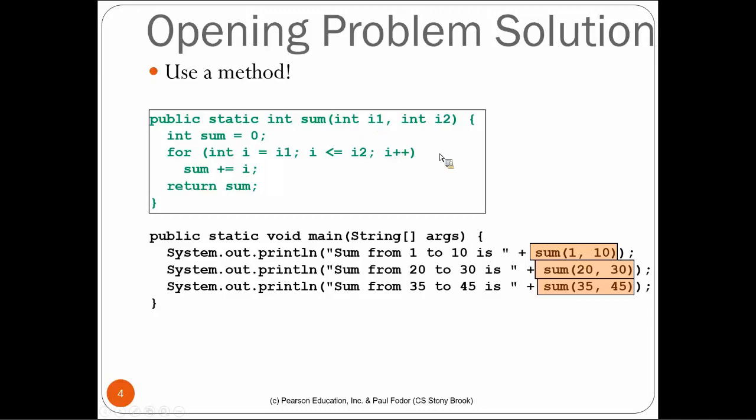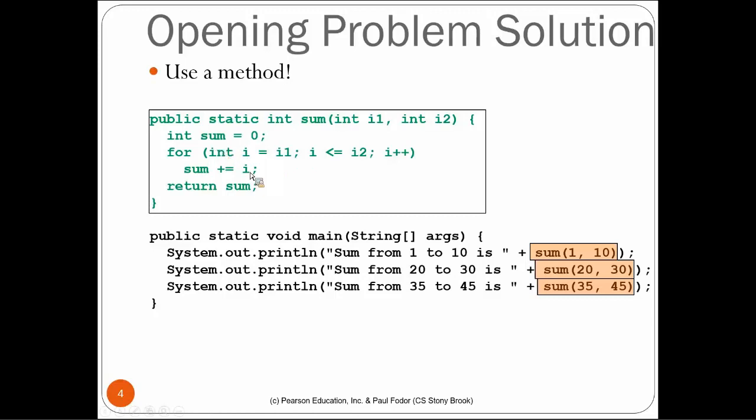We copy 1 into I1, we copy 10 into I2, and we start a new frame, a new activation record for this method, which starts with the variables from scratch. We only have the parameters for this method and maybe some global variables that were defined within the class itself, not within the main method.